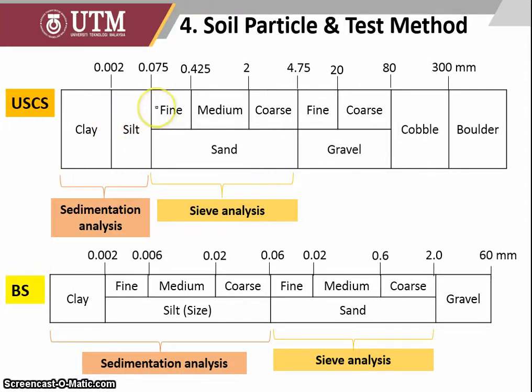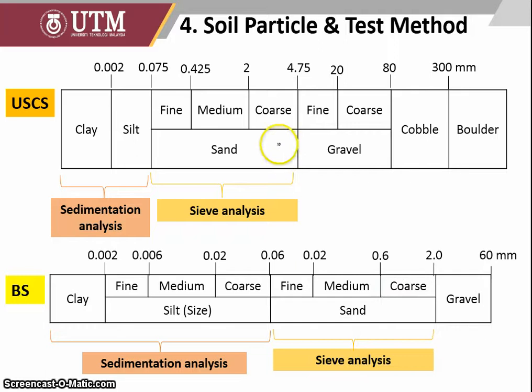If bigger than 0.075, it is considered a coarser grain soil. The coarser grain soil can have sand, gravel, cobble, and boulders. But for British Standard, the borderline is at 0.0063. Lesser than this is considered finer, bigger than this is considered coarser grain.